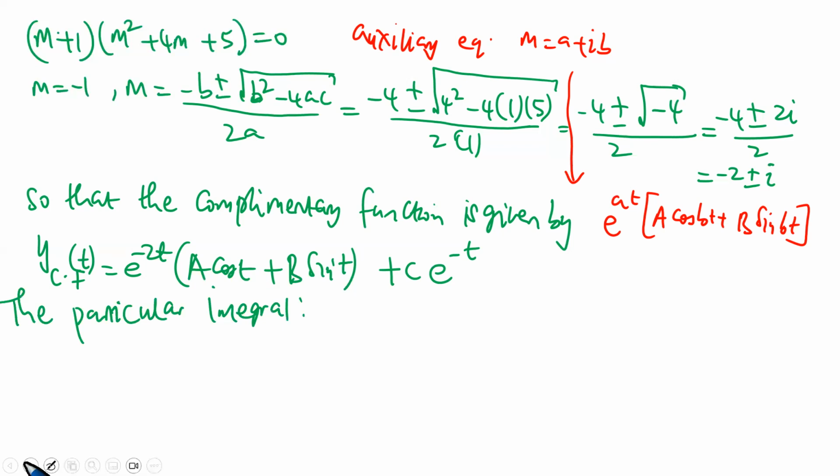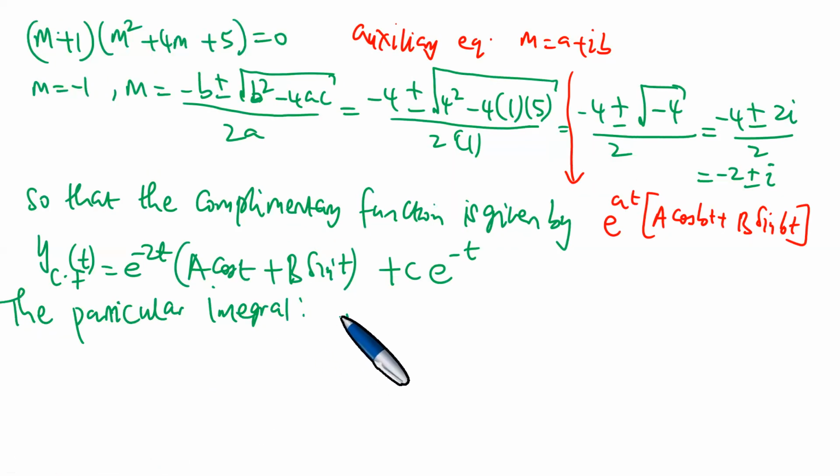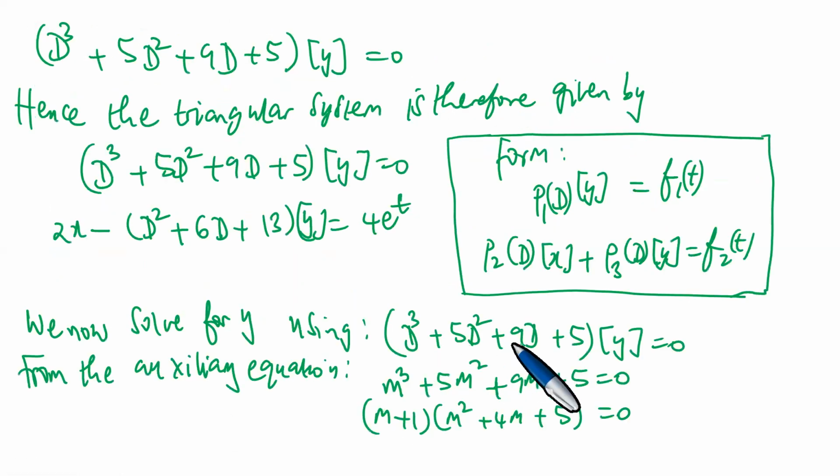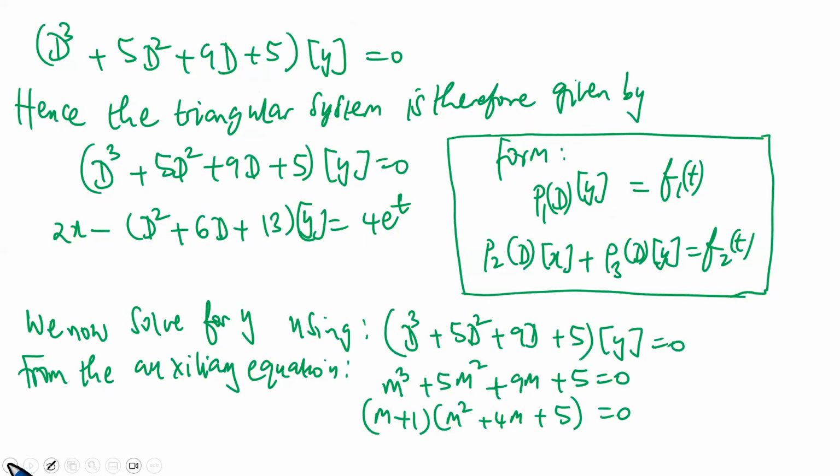So we're going to consider this one, which is d cubed plus 5d squared plus 9d plus 5, into y equals 0.